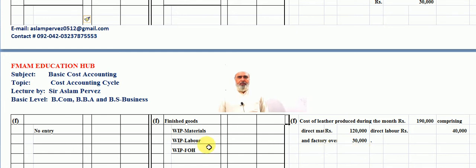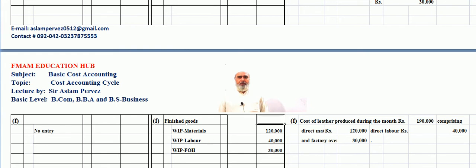Students, we have to write on the credit side work in process 1,90,000 rupees. The direct material is 1,20,000 rupees, the direct labor cost is 40,000 rupees, and the factory overhead applied is 30,000 rupees.